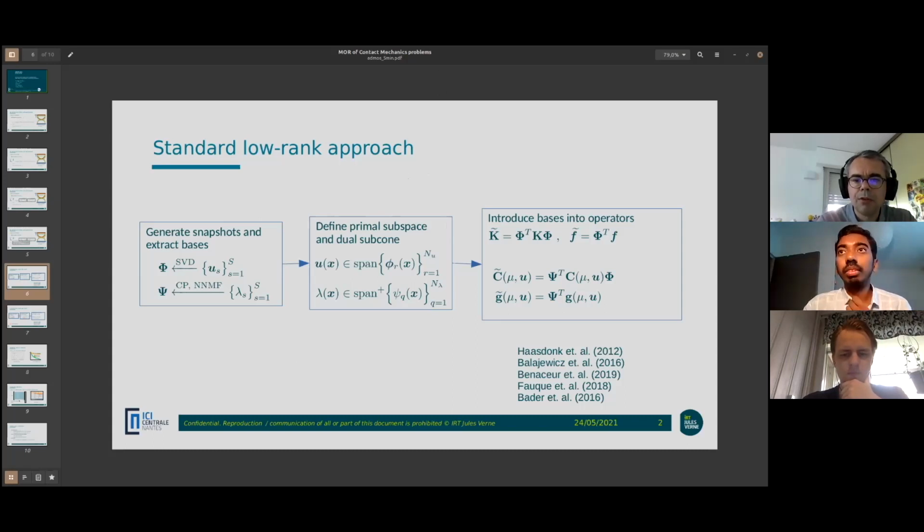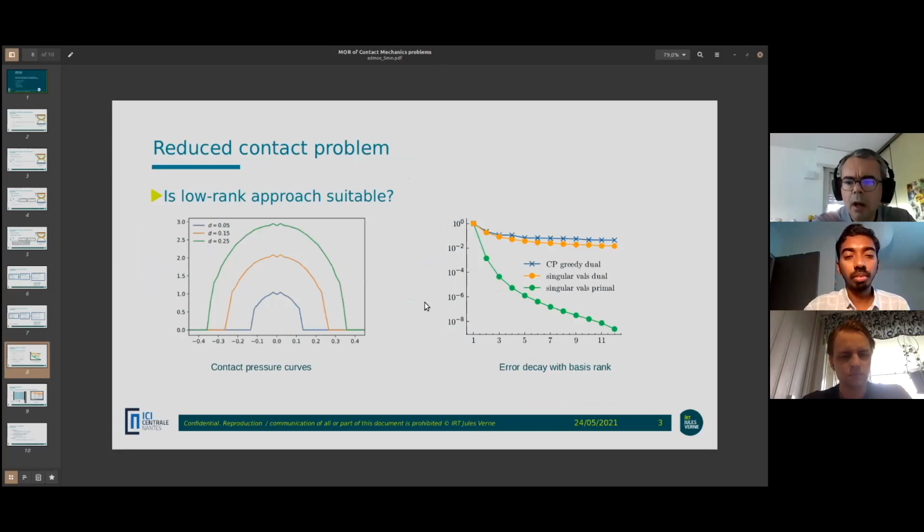And in your slides, maybe the slide after or two slides next, I don't remember precisely. Yes, here. On the right hand side, when you plot the error decay, do you measure the error with respect to the basis, or is that a numerical error with respect to a reference solution?